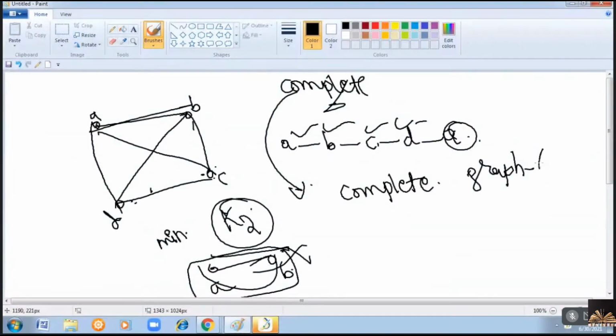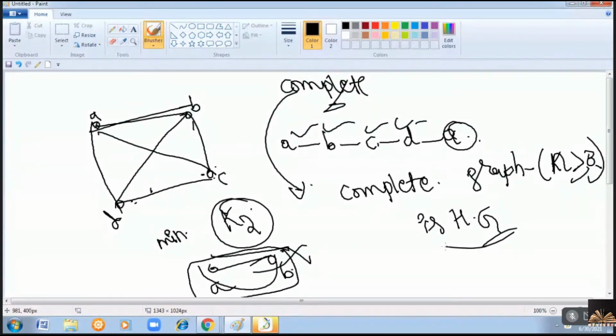So every complete graph with n greater than or equal to 3 is treated as a Hamilton graph. Clear?